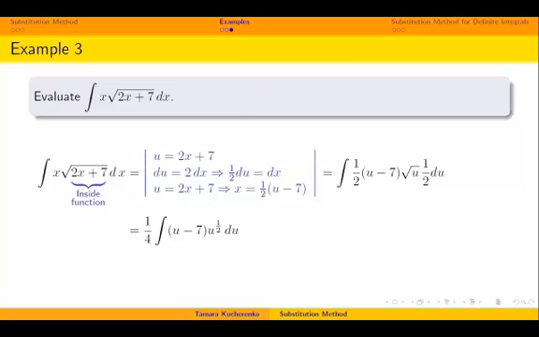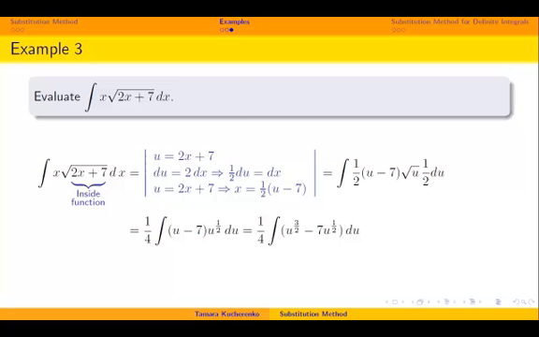We have seen such integrals before. Since there is no product rule for integrals, the trick is to multiply out, get a sum, and use the power rule for each term. U times u to the 1/2 gives u to the 3/2, and negative 7 times u to the 1/2 gives negative 7 u to the 1/2.